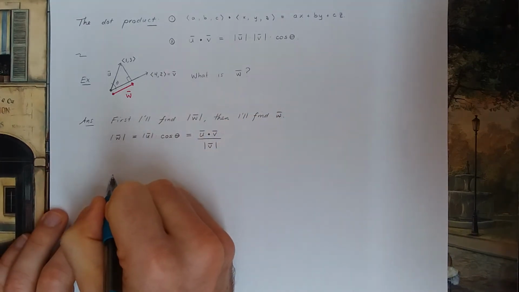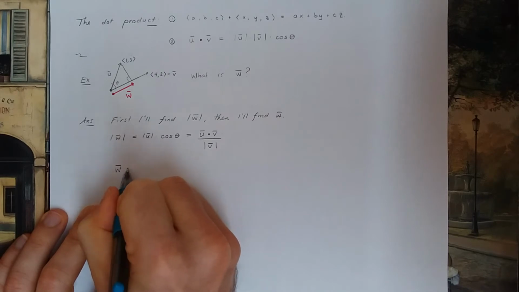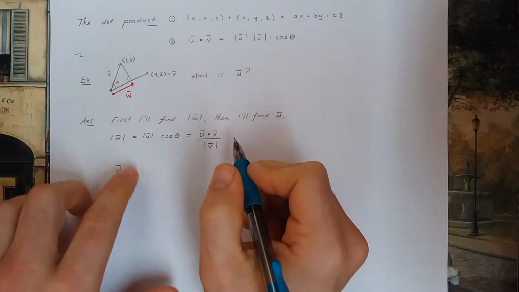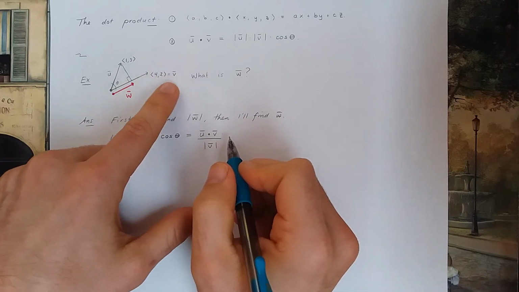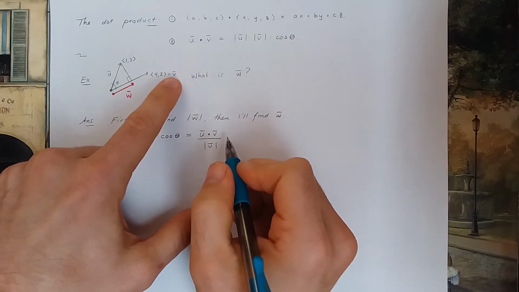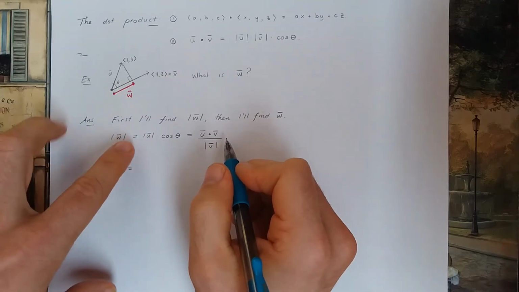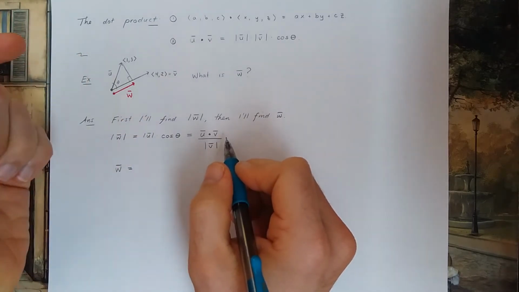The actual answer is W is in the direction of V. Here's how to get a vector in the direction of V of the length you want. You first find a unit vector.